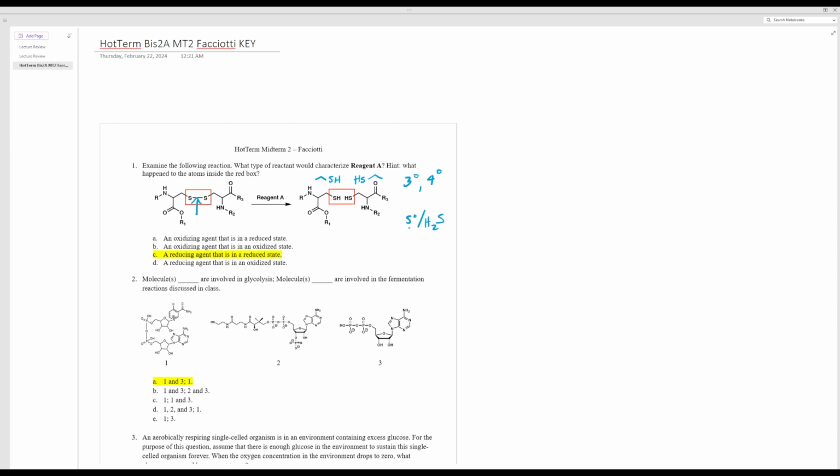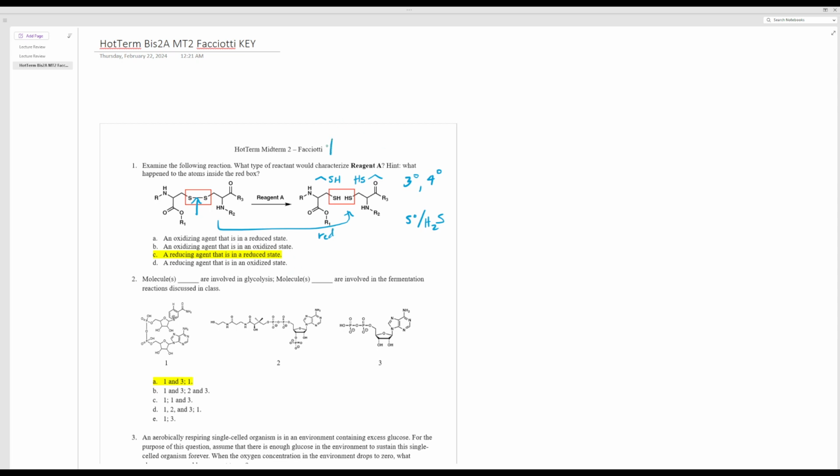We can actually oxidize and reduce sulfur compounds, the oxidized form being an SS bond and the reduced form being an SH bond. So what we see in this box is we're going from oxidized to reduced. In other words, this reaction here is a reduction.